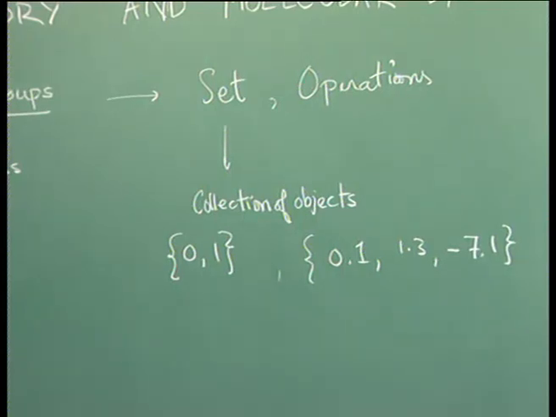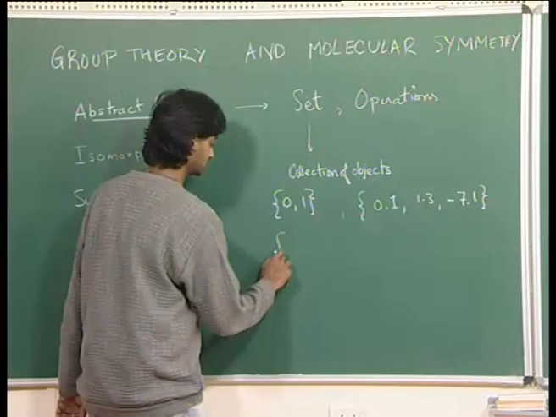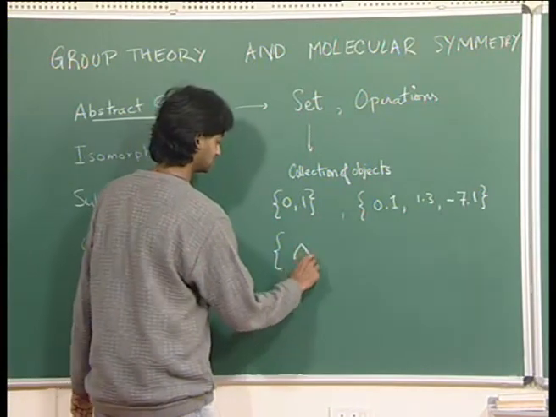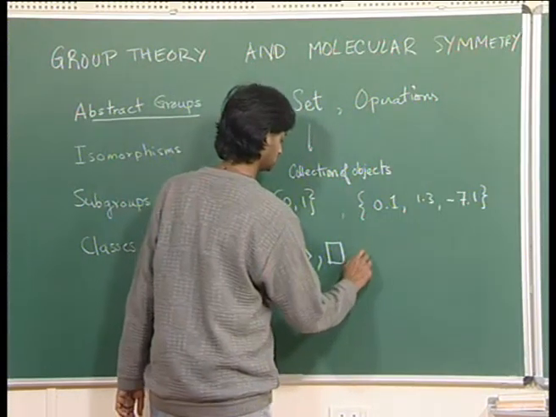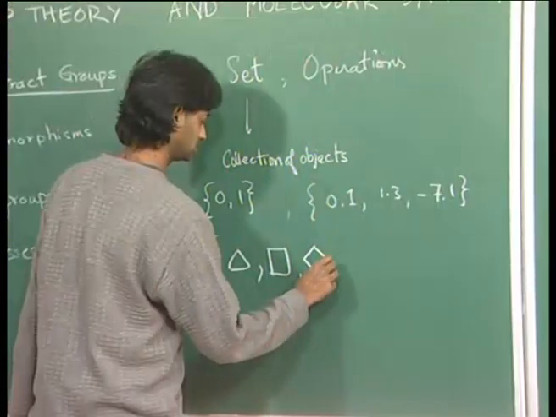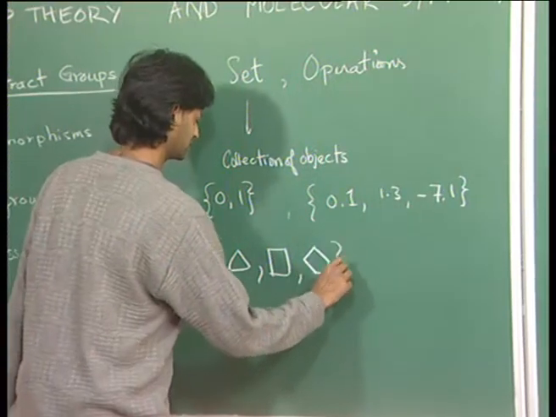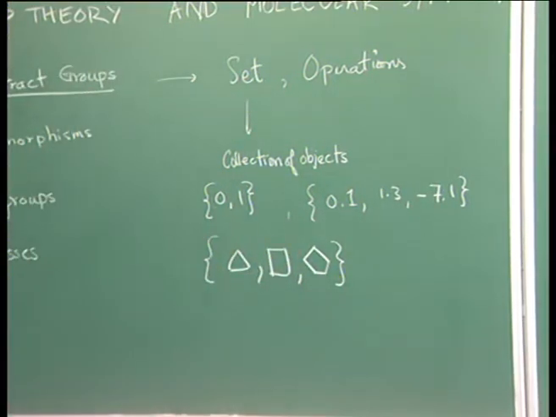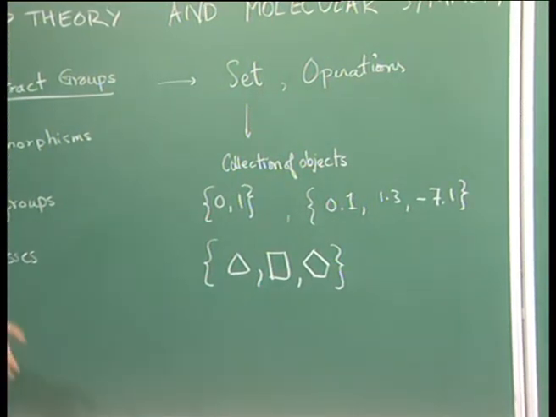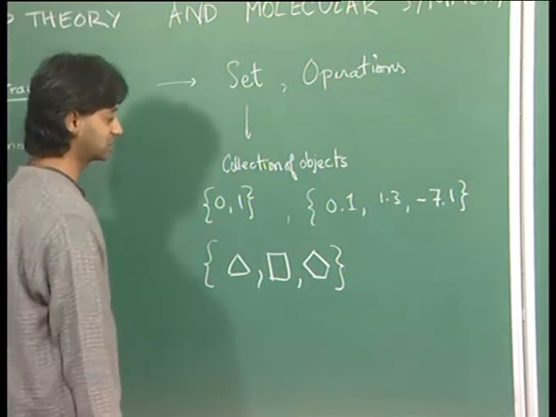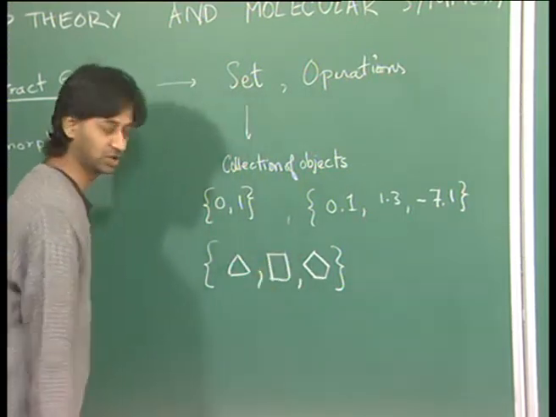But you could also take a more abstract collection of objects. For example, you could take a set of objects like these three, and they could form a set. So, it could be any such arbitrary objects. These are geometric objects.